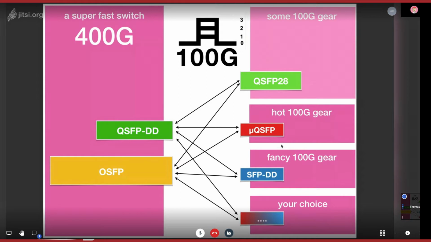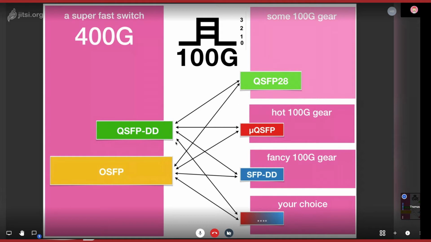Newer form factors also will come up on the smaller ones. We got the micro QSFP or an SFP-DD, which is the successor of SFP28 or SFP+. It doesn't matter if it's QSFP-DD or OSFP, how you're going to interconnect them with each other. This will be equal for all types of application.